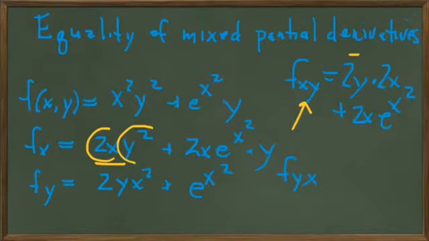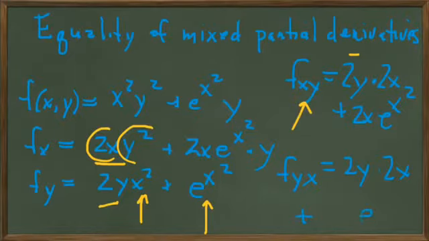So since we're doing the partial with respect to x, this time the 2y is a constant, and we're only taking partial with respect to x of the x squared, and so that gives us 2y times 2x, and then when we go to take the partial of this with respect to x, we just use the regular rule for taking derivatives of exponential functions, so it's e to the x squared times 2x.